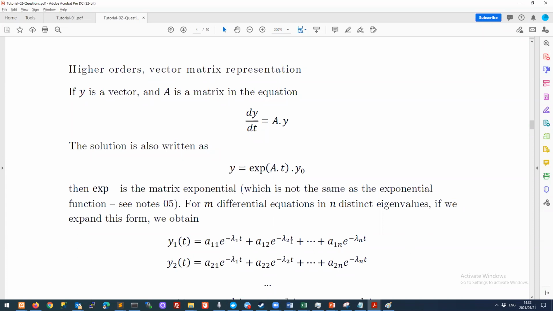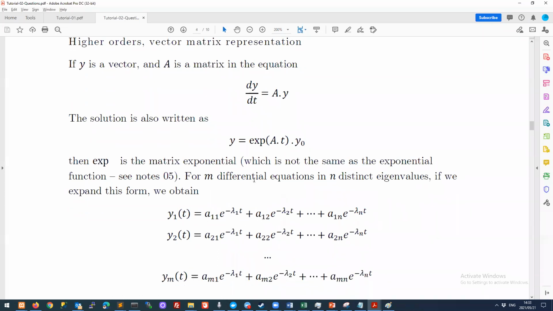You've got a bunch of lambdas associated with this matrix A, and there are constants that you multiply out in front. So your linear system of equations has the solution of a linear combination of exponential terms with the time involved in them, and the time constant is related to the eigenvalue of the system. Any questions or comments so far?